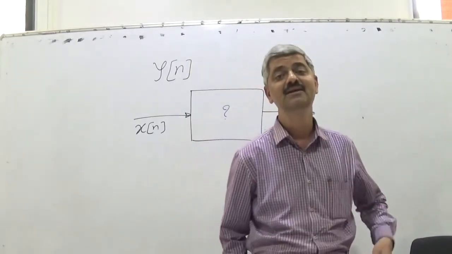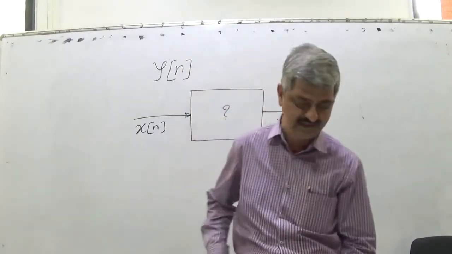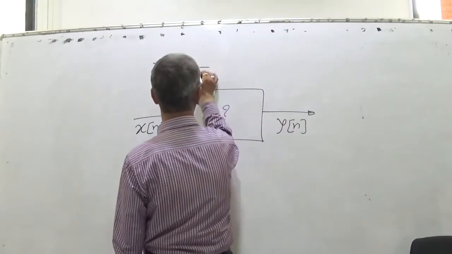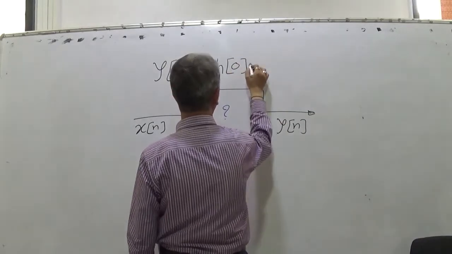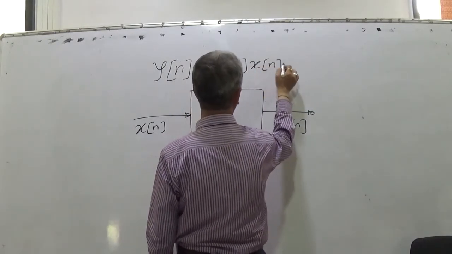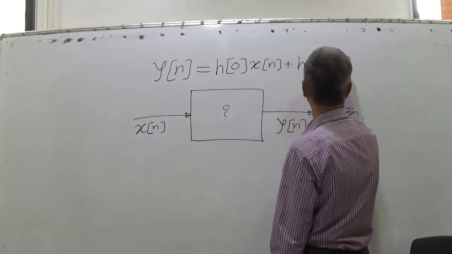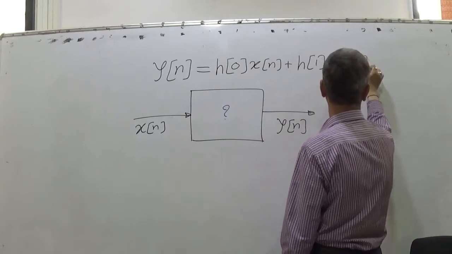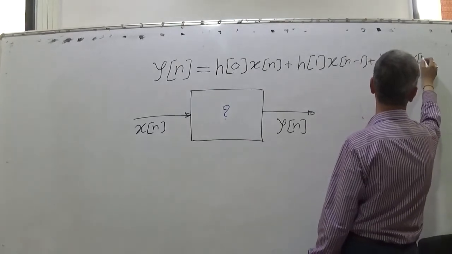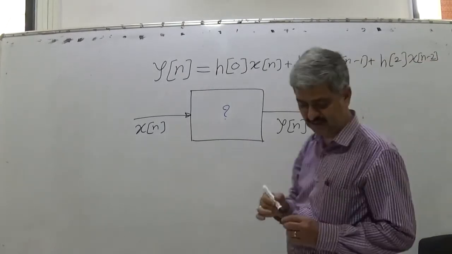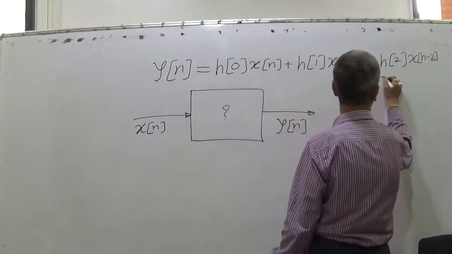Now, what is a system? The weights themselves are the system. So I will write again. What is Y? Y is equal to H0 times the current input Xn, plus H1 times the previous input Xn minus 1, plus H2 times the previous input Xn minus 2, and that chain can go on infinitely.